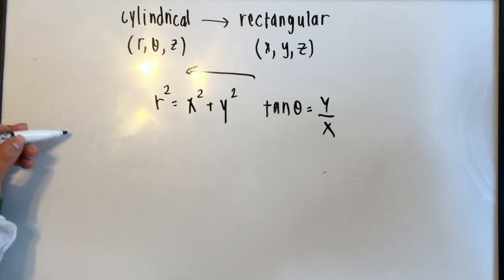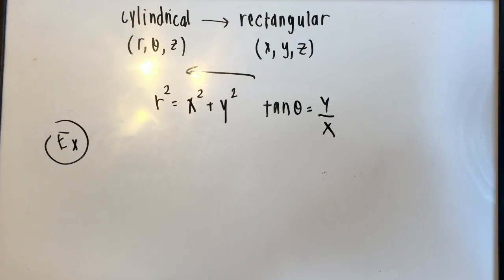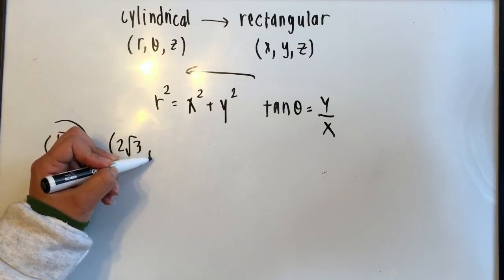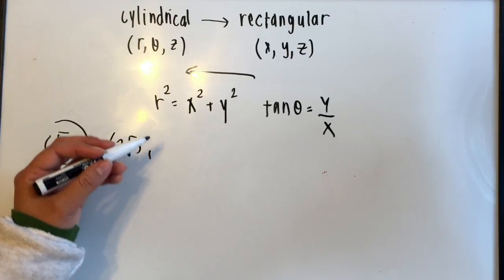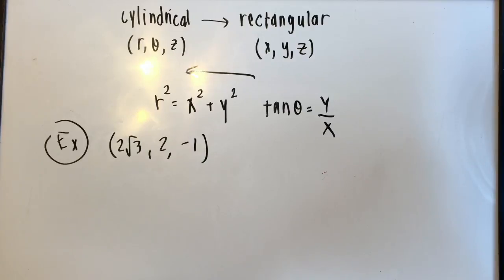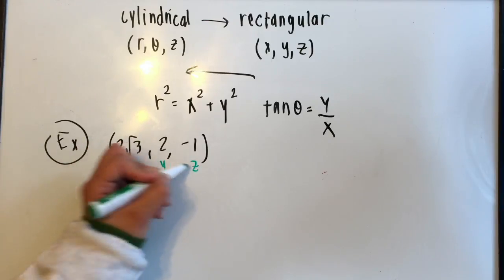Okay, so for example, we have the point 2, 2 rad 3, negative 1. So this is our x, our y, and our z.